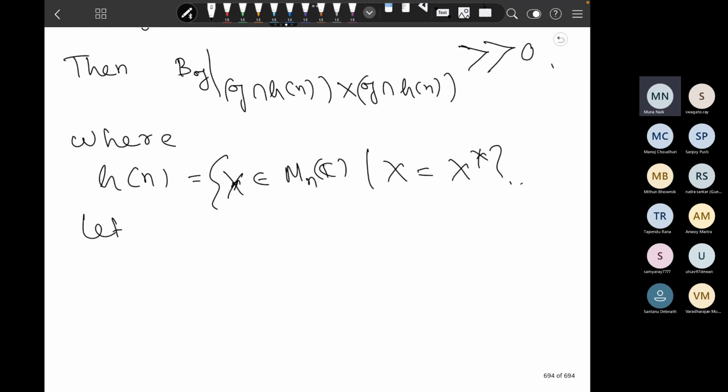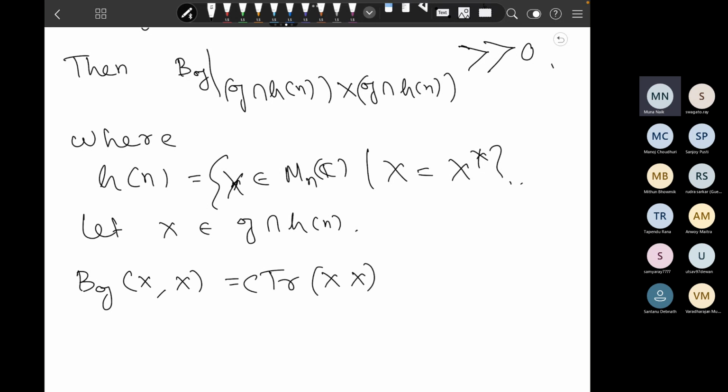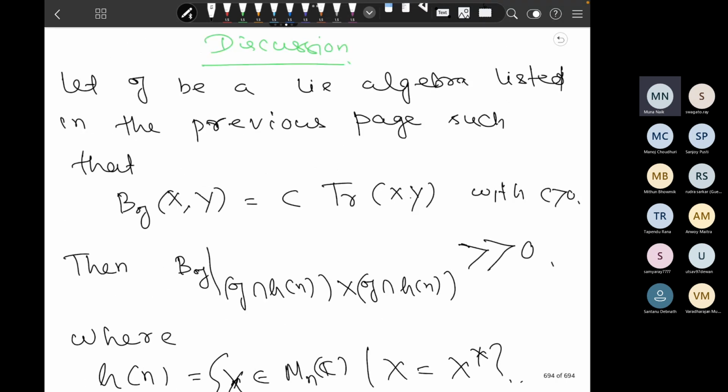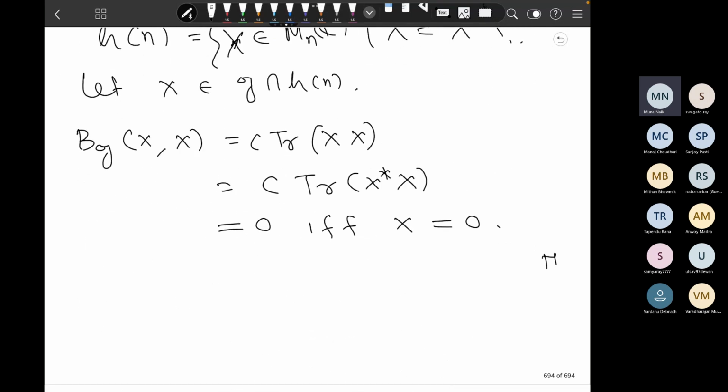Then Bg(X,X) is equal to C times trace of XX, and since X star is equal to X, I can write C times trace of X star X, and this is equal to 0 if and only if X is equal to 0, because C is a positive number.